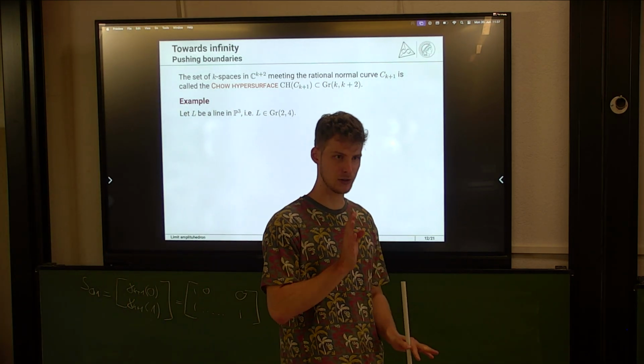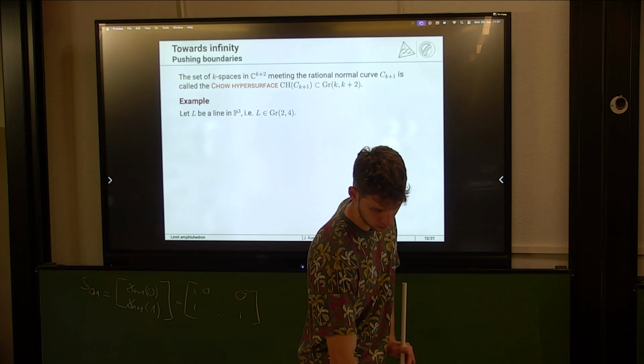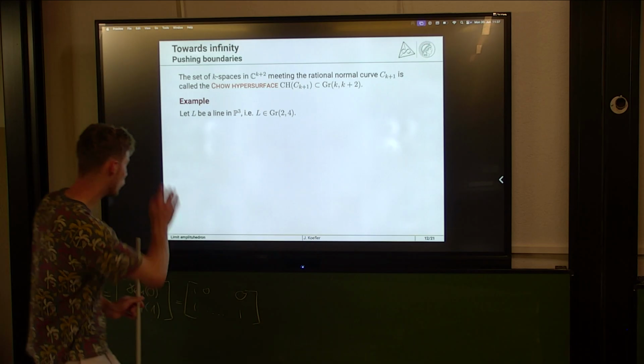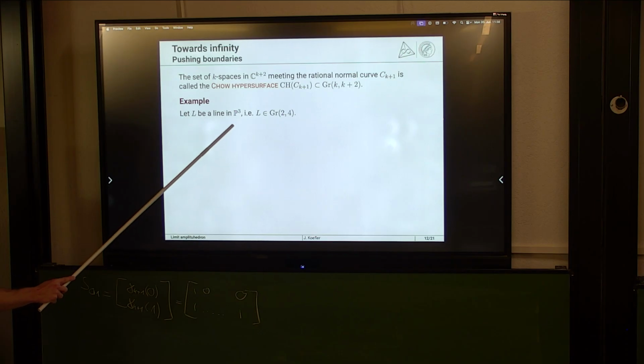It's a Chow hypersurface because you can encode this data in one polynomial, and the vanishing locus is going to be a Chow hypersurface. Here's an example, not for the rational normal curve, but the easiest one I think to think about: lines in P3.